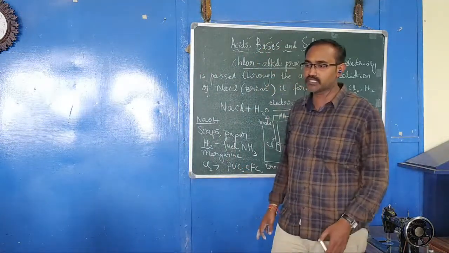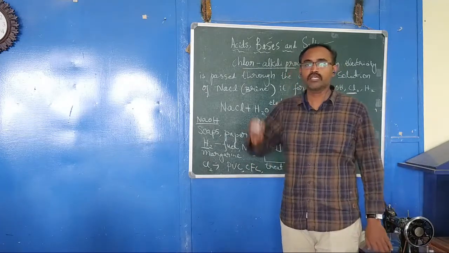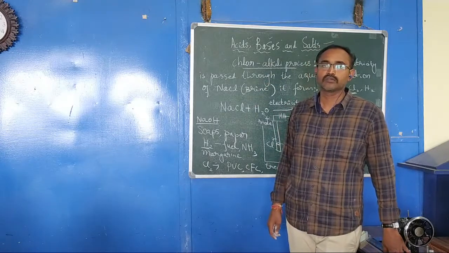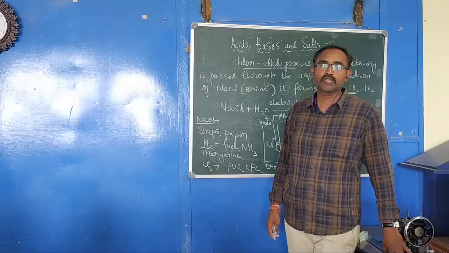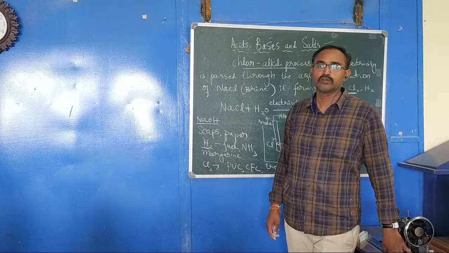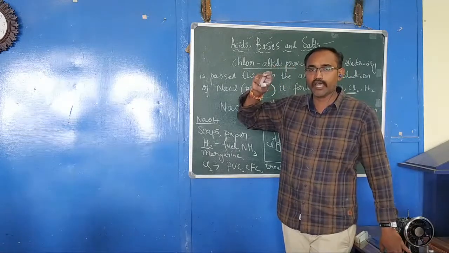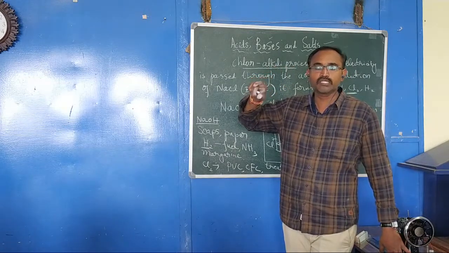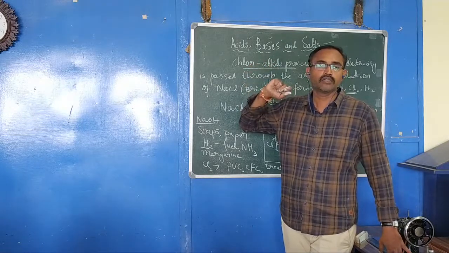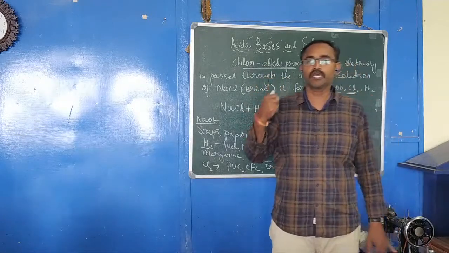What is meant by PVC? PVC pipe. What is the full form of PVC? It is polyvinyl chloride. CFC.